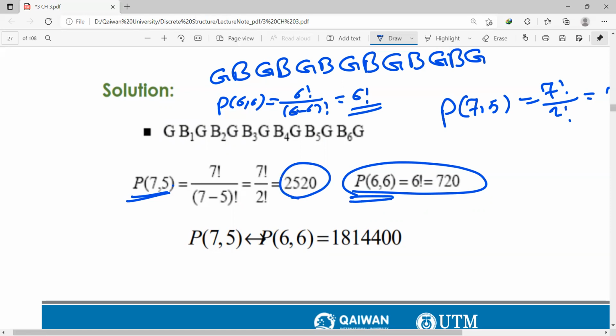Then we multiply these two: 720 by 2520, and you get 1,814,400. This is the result.